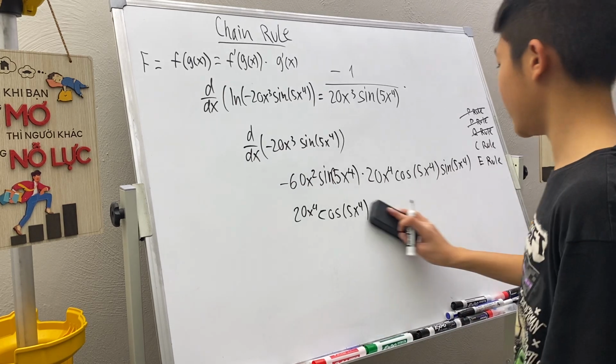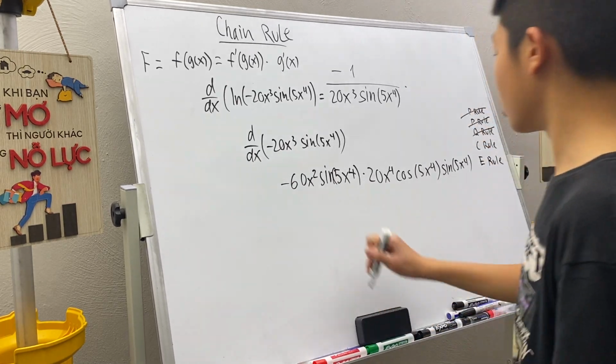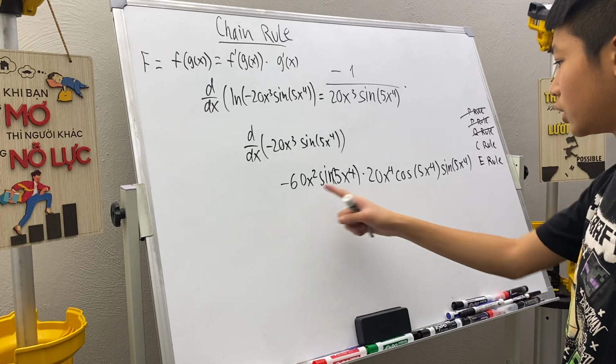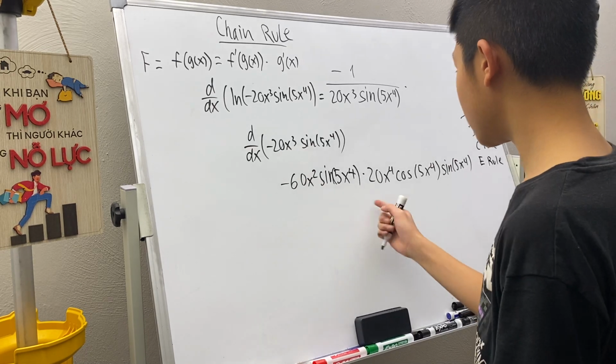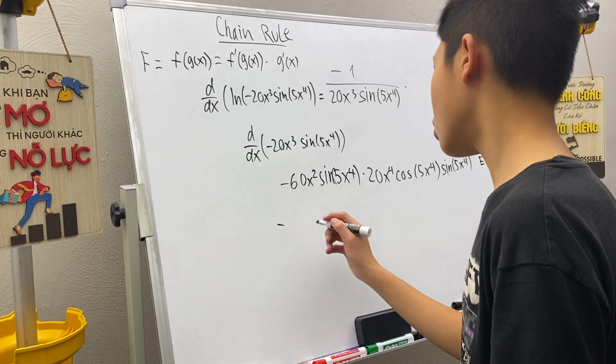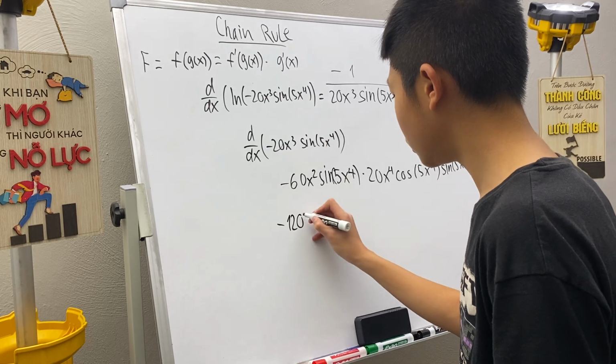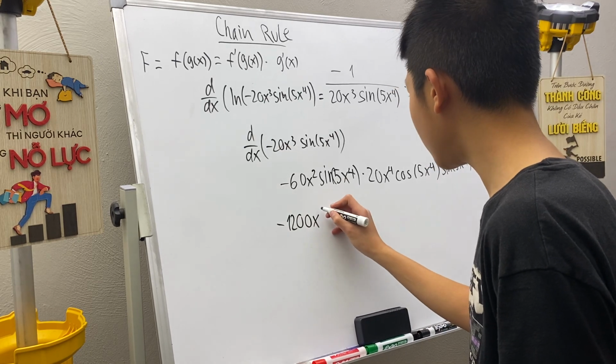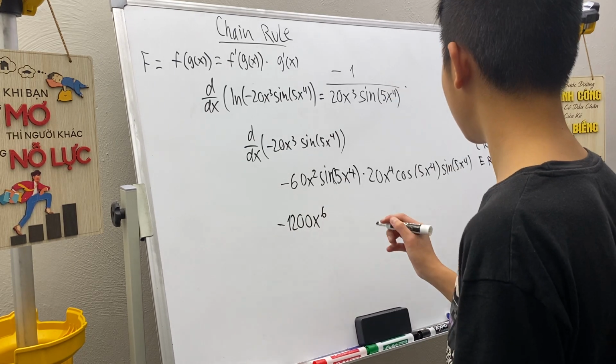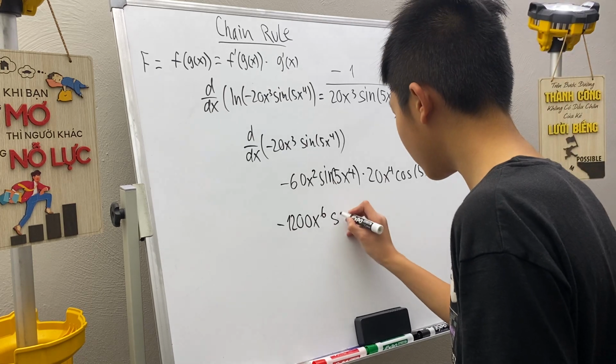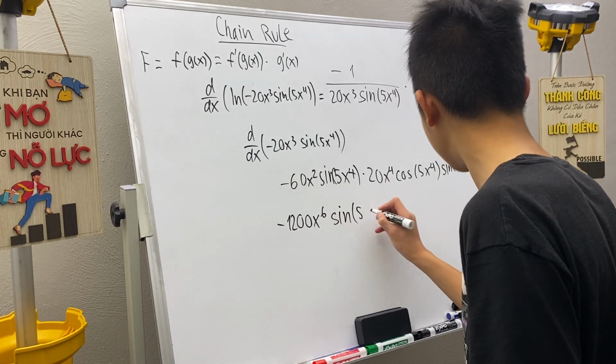Woo! Okay. Tough. You can multiply this and this and this and this. This and this, you get negative 120 x to the 6th power sine 5x to the 4th.